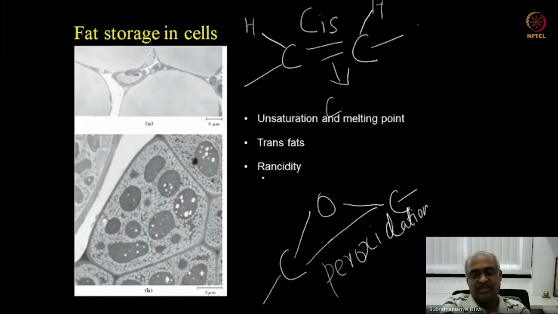That is one. Second, people liked that texture. You know, they are crispier. If you have cookies made using trans fat like vanaspati or dalda, they are crispier and people like the texture.